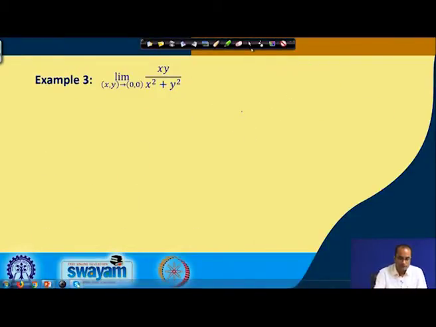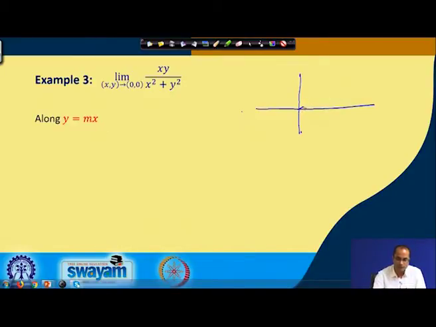So, if we take this next example, xy over x square plus y square, and (x, y) goes to (0, 0). In this case we are approaching the origin and the function is xy over x square plus y square. So, we take a general path y is equal to mx, that means y is equal to mx with varying m.